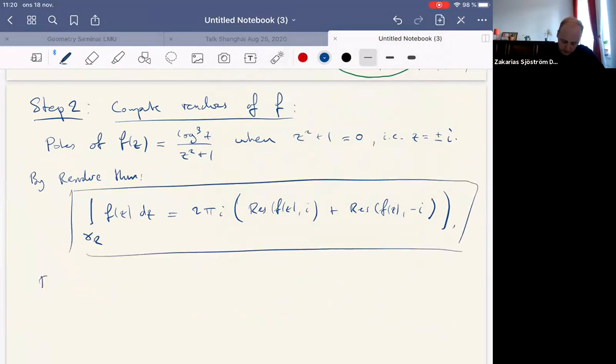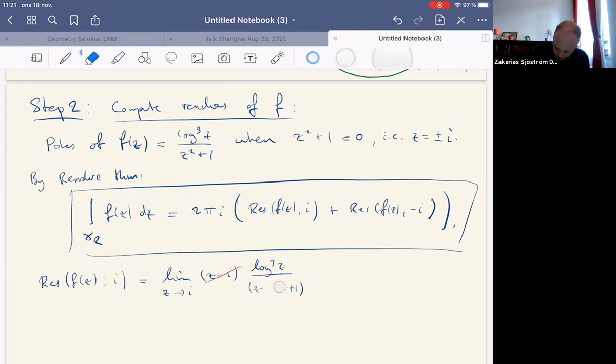So we want to compute the residues, the things on the right-hand side here. For this it's easy, you just remember this formula first of all. So this is equal to z minus i times f. And f I can write this way by factoring z squared plus 1 as z minus i times z plus i.